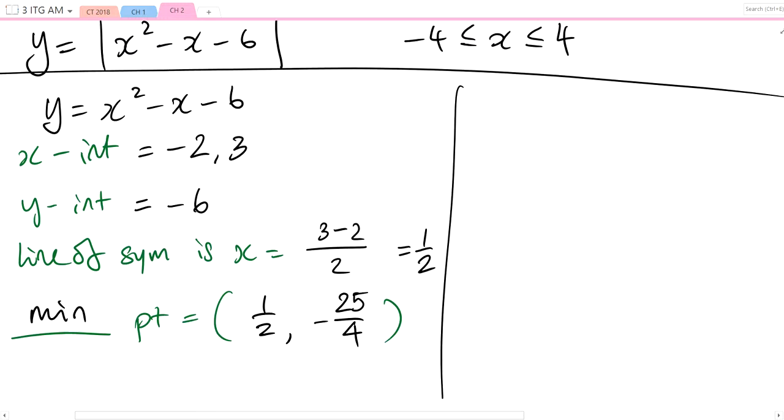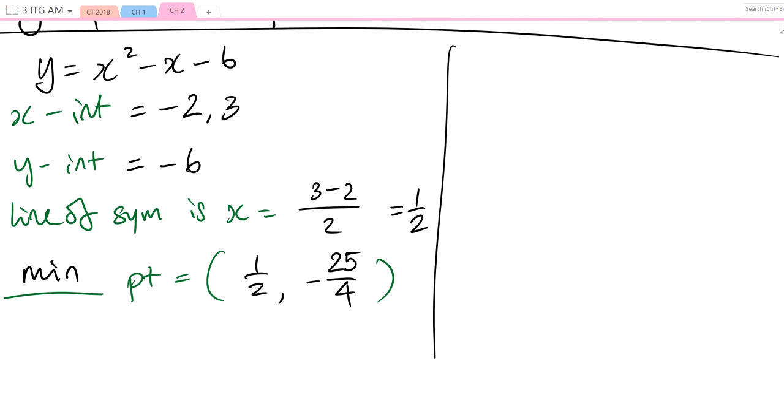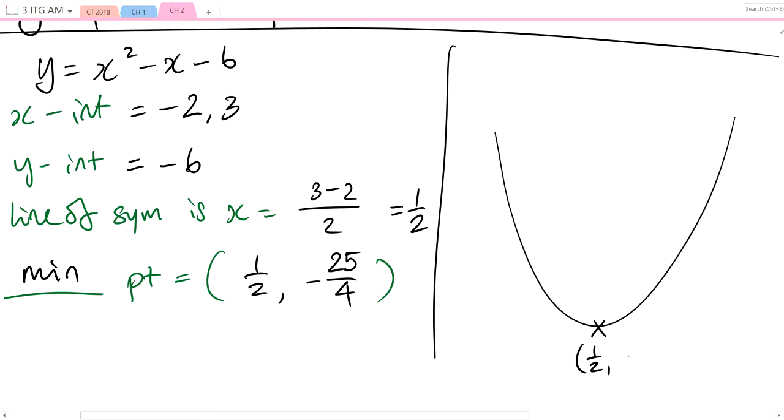Okay, with all this information, I am now able to sketch my parabola. Opening upwards or downwards? Up or down? What is the minimum point? Half, -25 over 4.